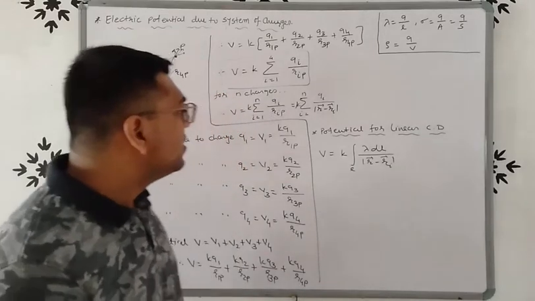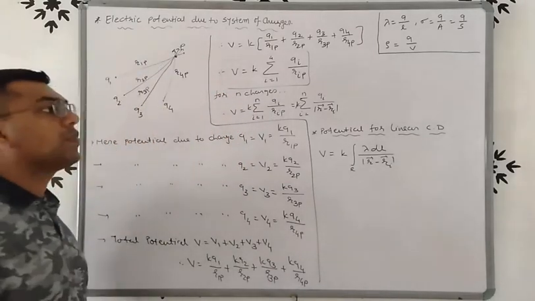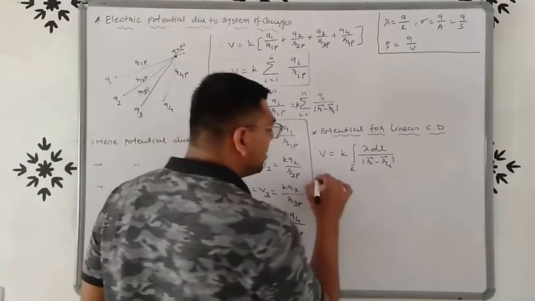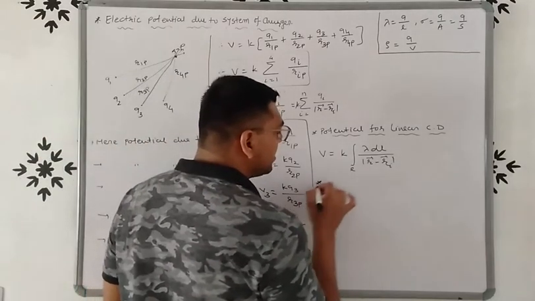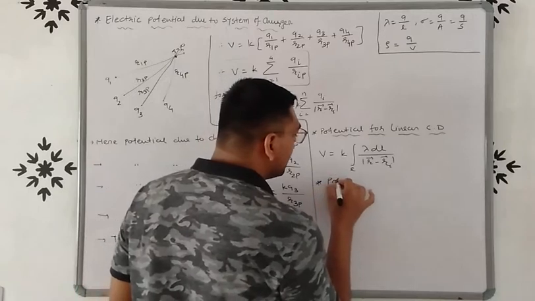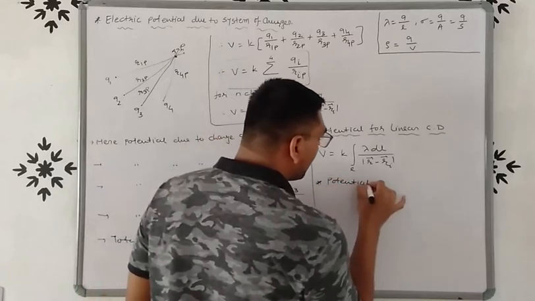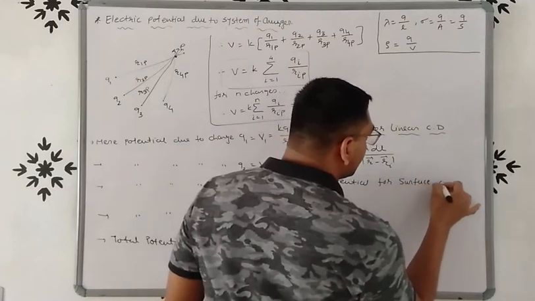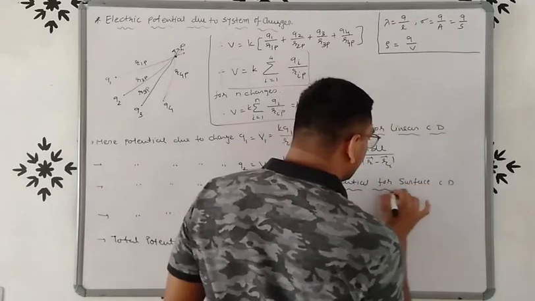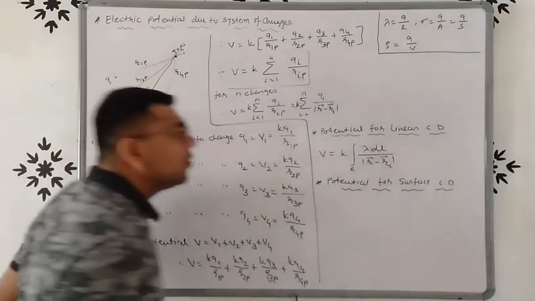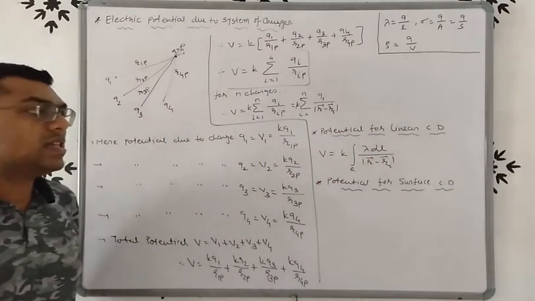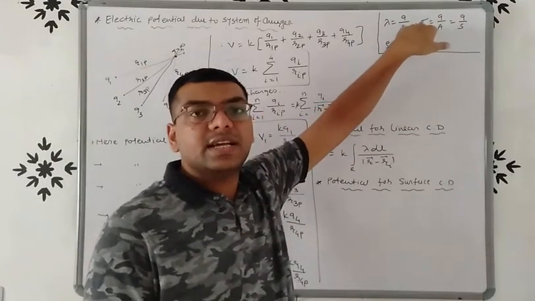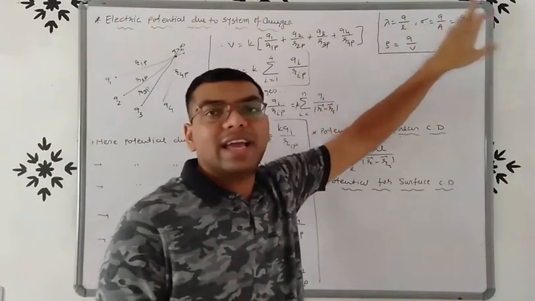Right? Now for the surface distribution, potential for the surface charge distribution. For surface distribution, we know that there will be a surface charge density sigma is equal to q by a.